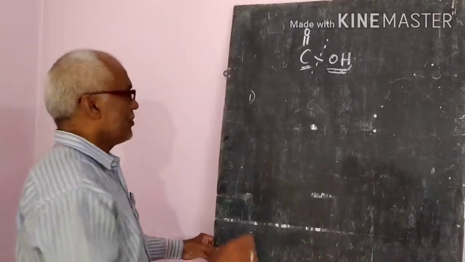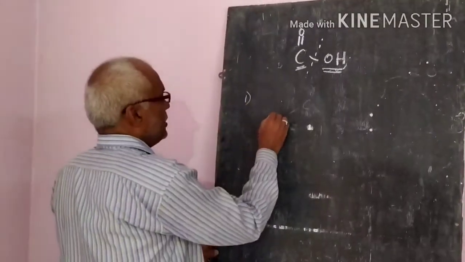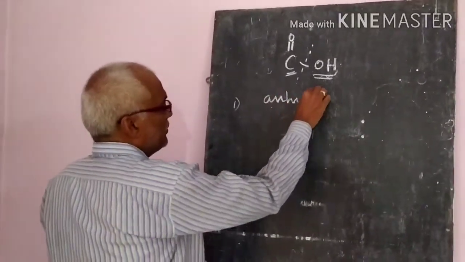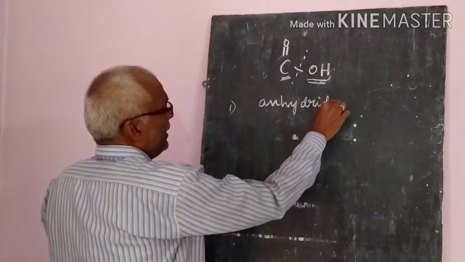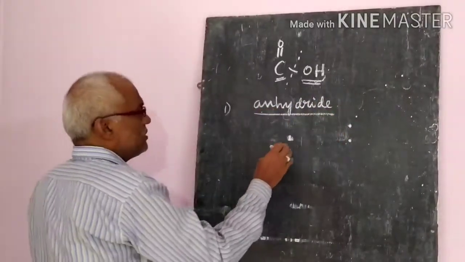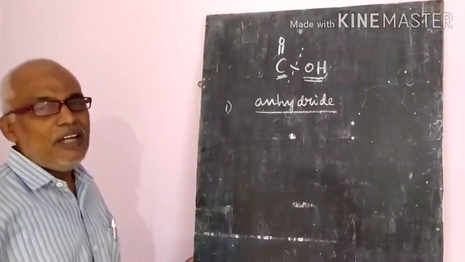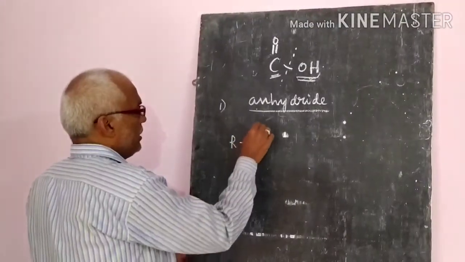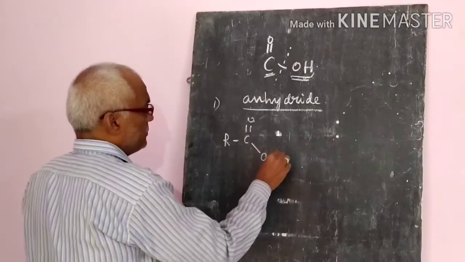Let us see. First, the reaction of formation of an anhydride. Anhydride means removal of a water molecule and whatever is left. That means RC double bond O OH.